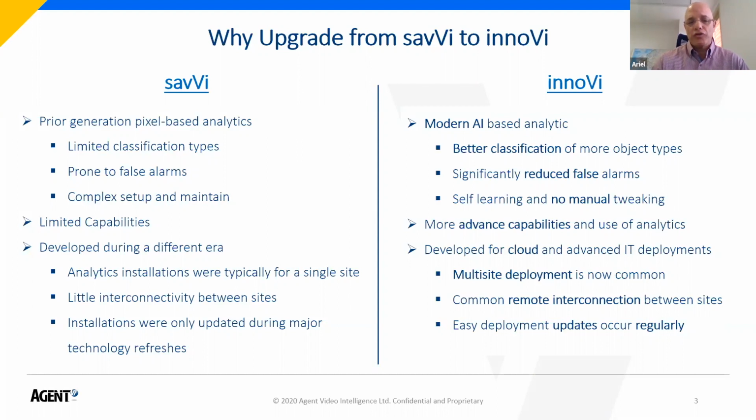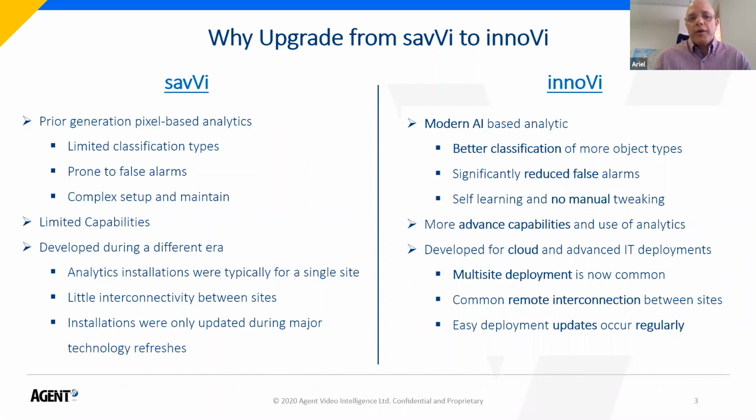One of the biggest challenges of video analytics, generally speaking, and SAVI was no exception to that, is that in order to achieve high accuracy, the user, the installer, the system integrator had to invest a lot of hours until he managed to get somehow a reasonable performance.